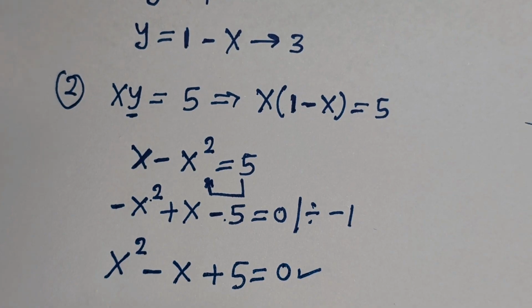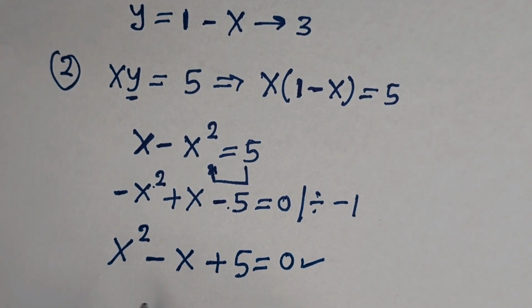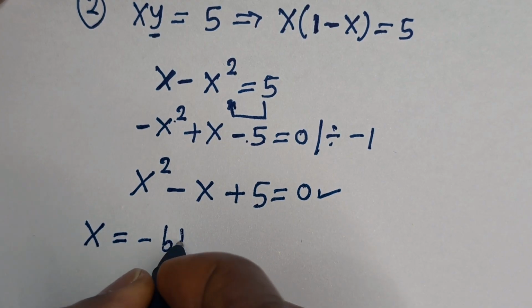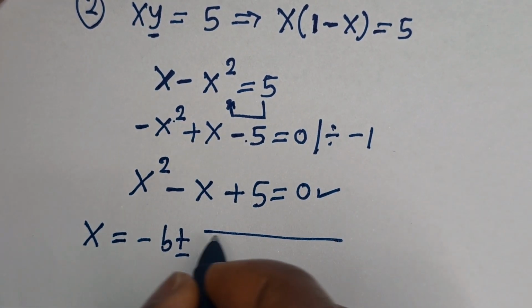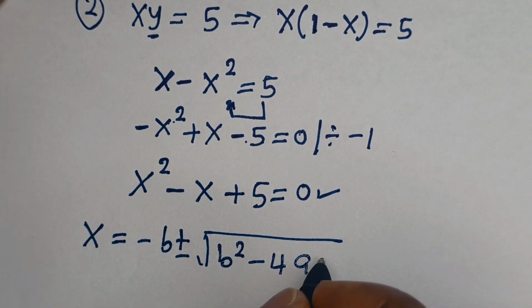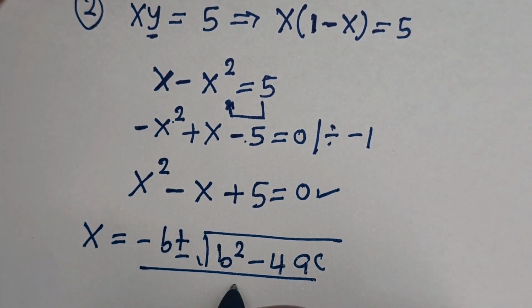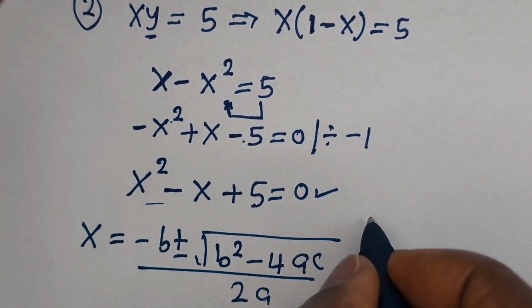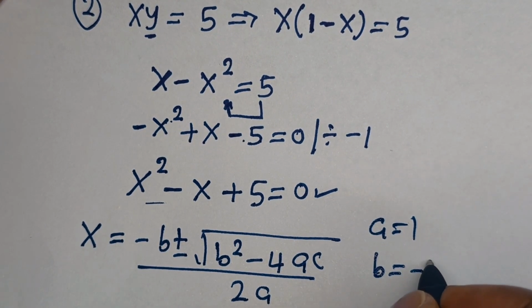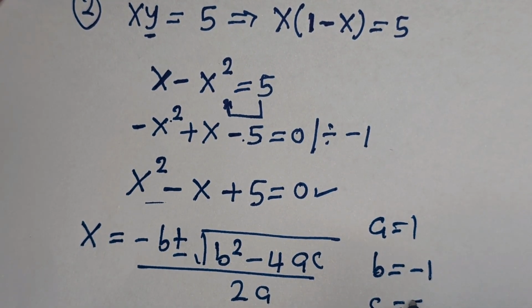This is a quadratic equation which can be solved using the quadratic general formula. s is equal to minus b plus or minus square root of b squared minus 4ac over 2a. And from this equation, a is equal to 1, b is equal to minus 1, c is equal to 5.